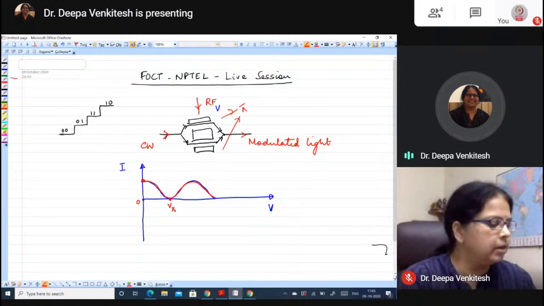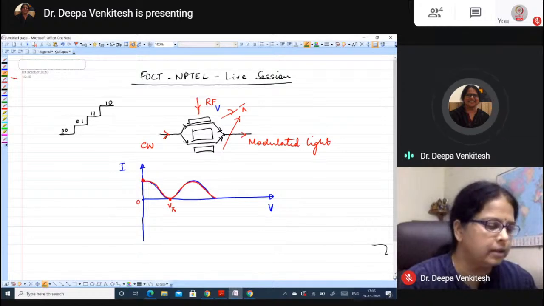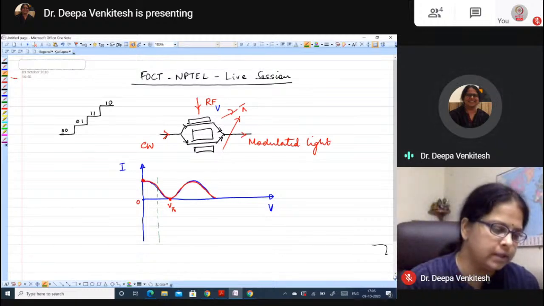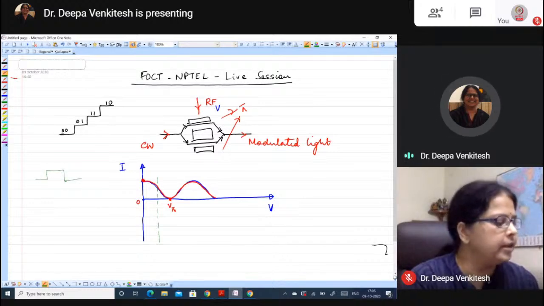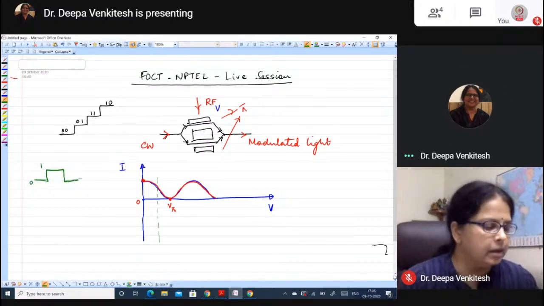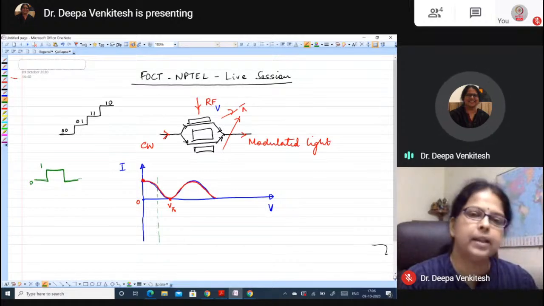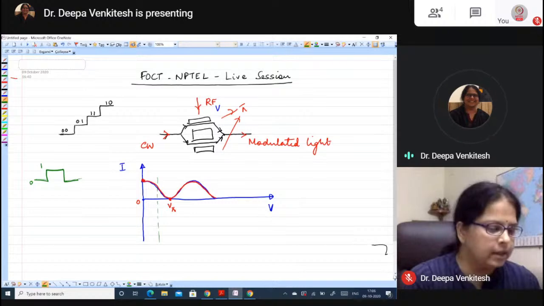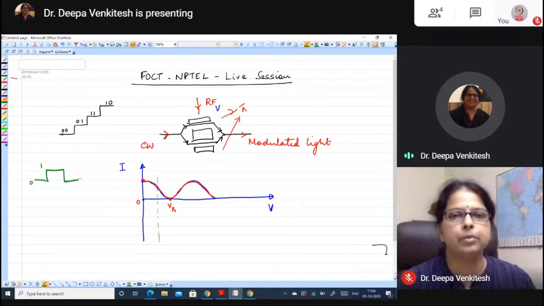Now, how do you do the modulation? Let's take OOK. How do you do OOK modulation? Let's say you want to modulate an on-off keyed signal, so a level 0 and a level 1. If you want to get the largest depth of modulation, you first find out the V pi of your modulator.